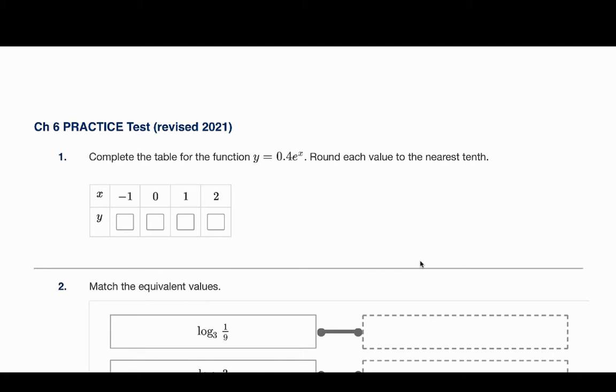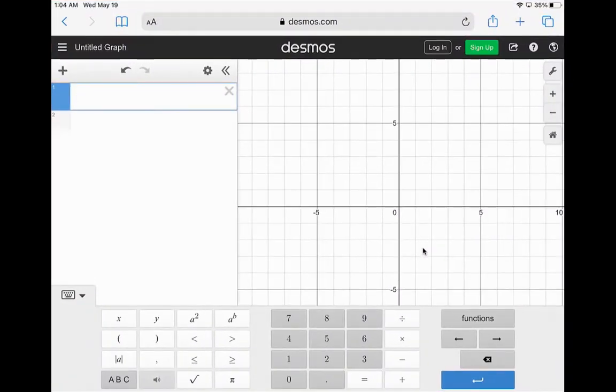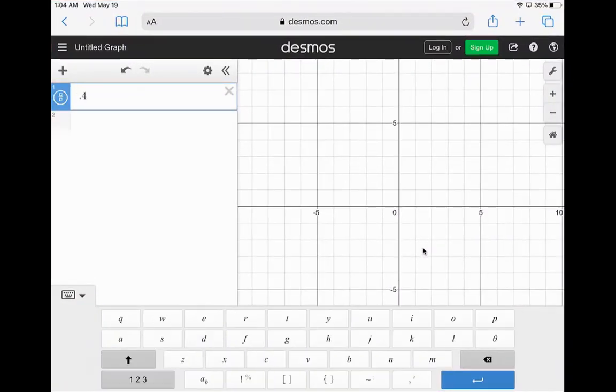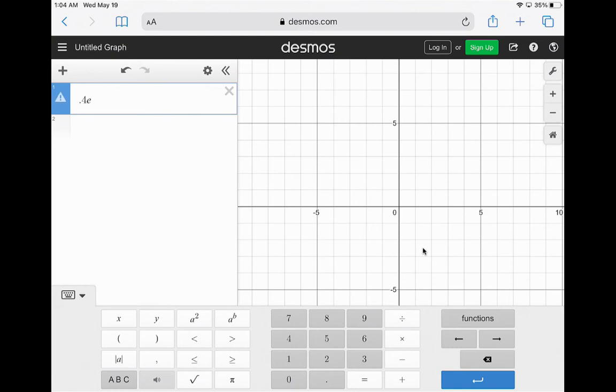So what you're going to do is take your calculator and plug in 0.4, and then take e and raise that to the x power. In this case, the first one you're going to raise it to is the -1 power.